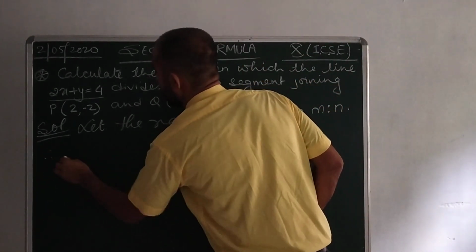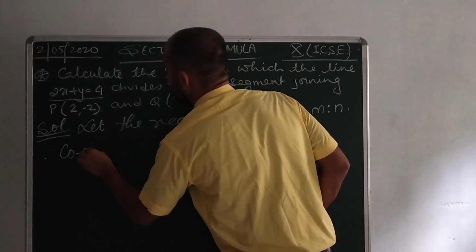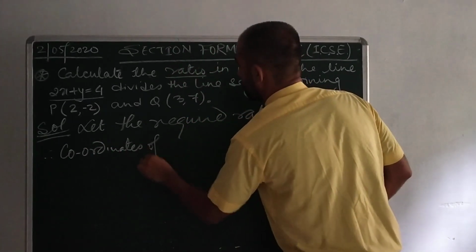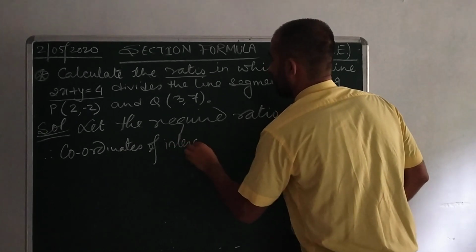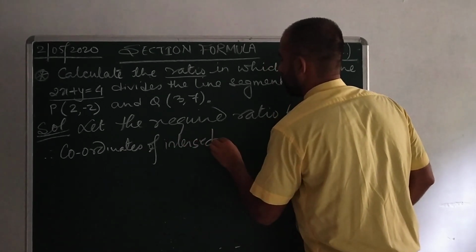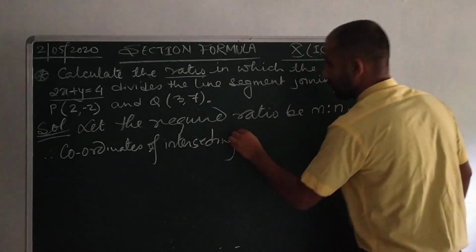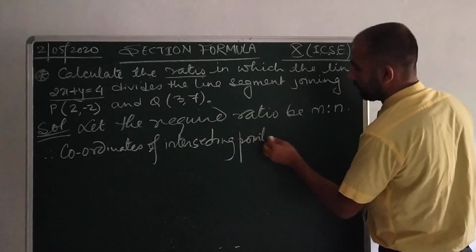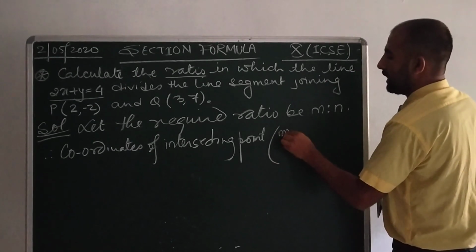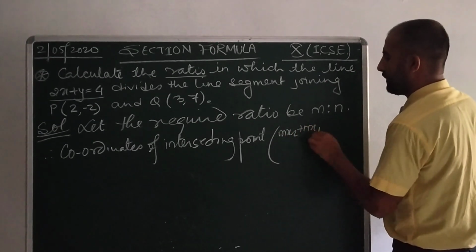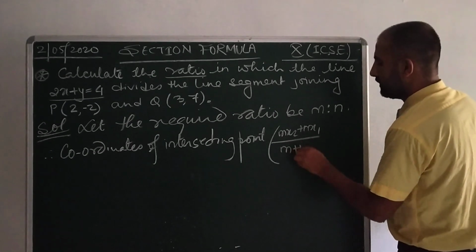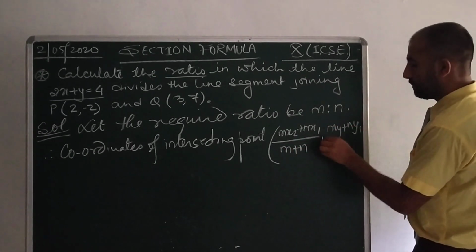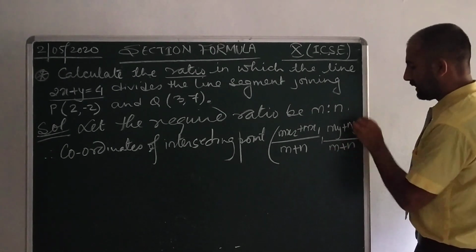Therefore, coordinate of intersection point, you know the section formula, that is (mx2 plus nx1) by m plus n, (my2 plus ny1) by m plus n.